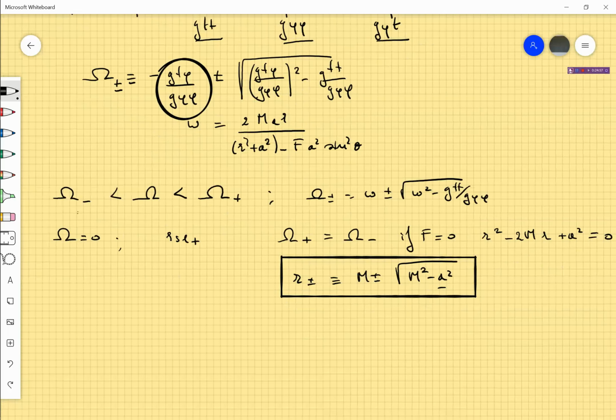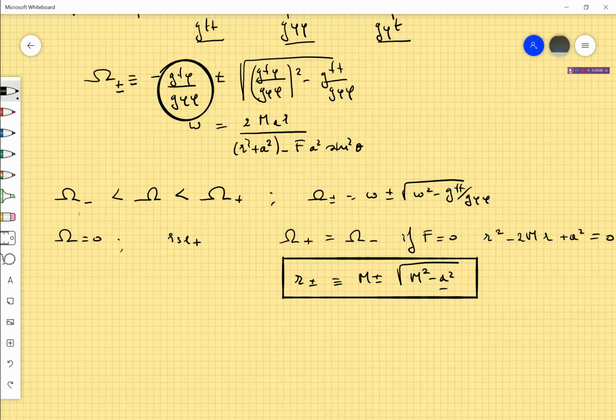Well, and the only possible value then, this is the value of r, the only possible value for omega is called omega h, and it's called omega h because r plus will be the horizon, okay, and r minus will be this Cauchy horizon.